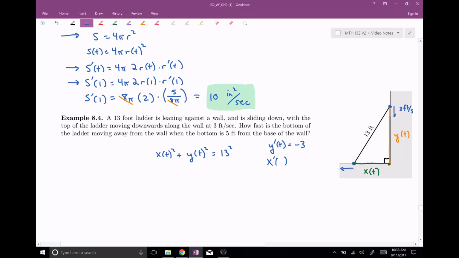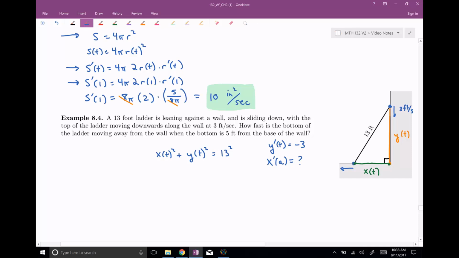So I need to choose a time. Here I'm going to use A. I don't know what that time is. It might be 1, it might be 2, it might be any time. But I want to know how fast the bottom of the ladder is moving away from the wall when the bottom of the ladder is 5 feet from the base of the wall.